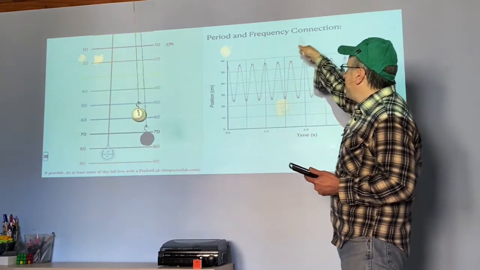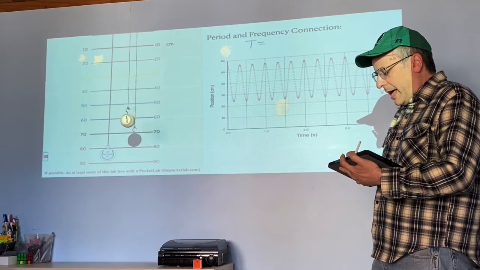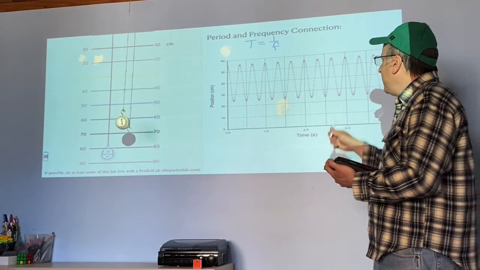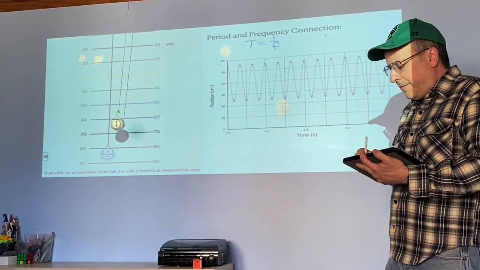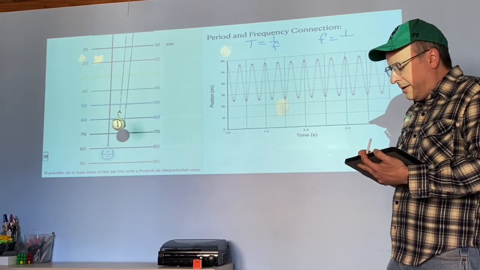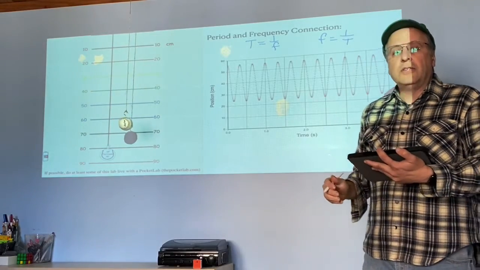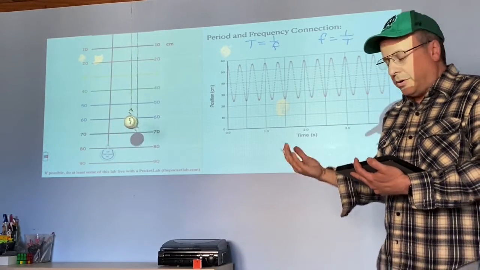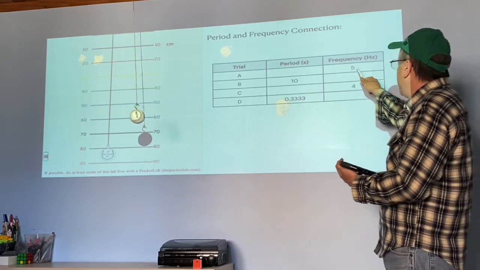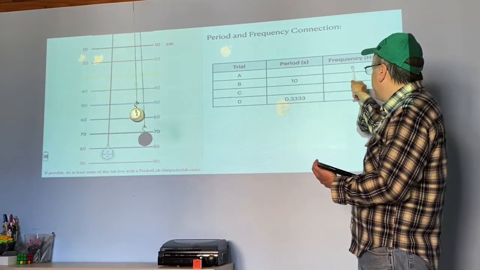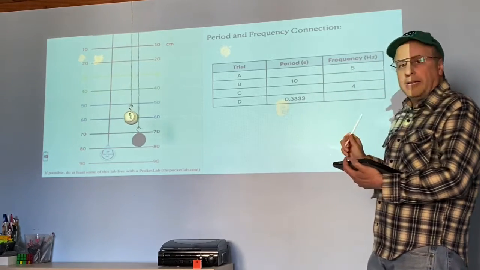And that's the connection. It turns out they're reciprocals of each other. So if you have the frequency, you take the reciprocal of the frequency, you get the period. If, on the other hand, you have the period, you take the reciprocal of that and you get your frequency. So they are simple reciprocals of one another. So if I asked you to find your period based on your frequency or vice versa, just reciprocalize them.